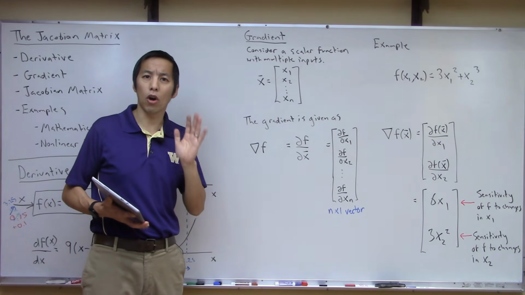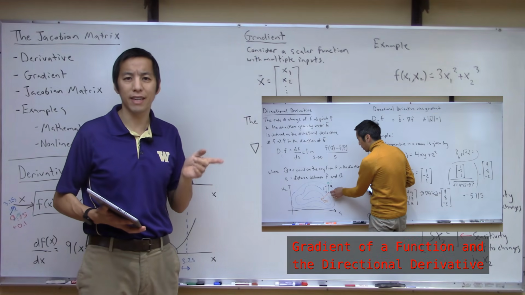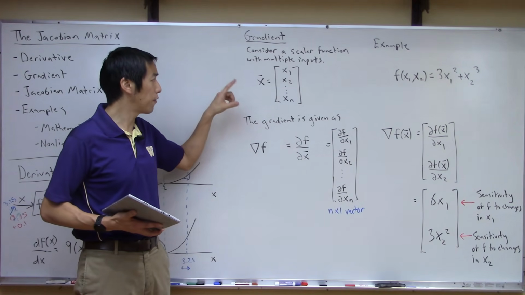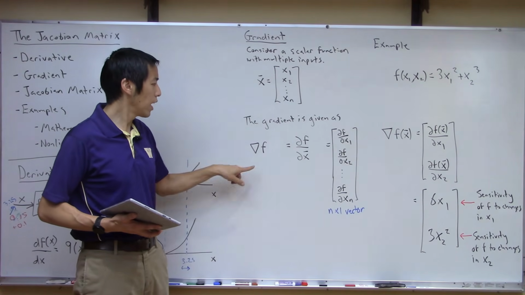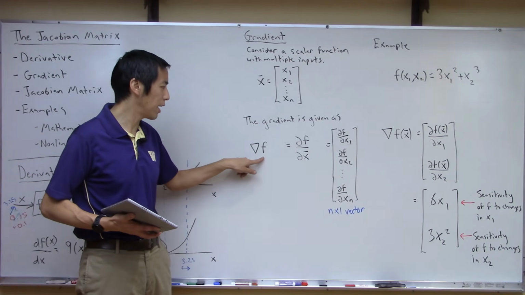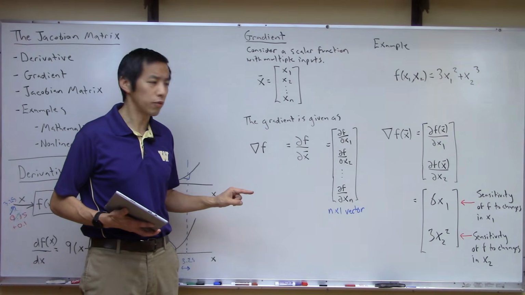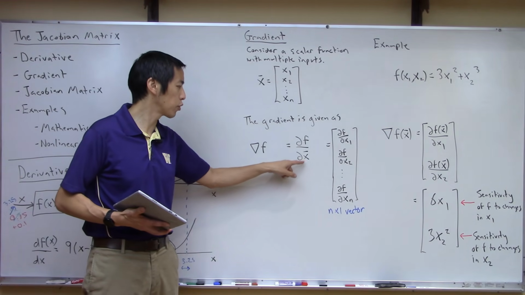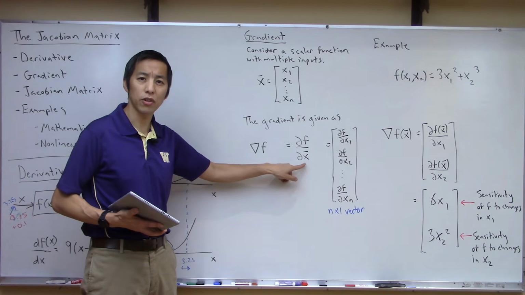Now, if you remember our previous video where we discussed the gradient, we know that the gradient of this given function f, which has these inputs, is written sometimes as del f or nabla f. The other alternative notation is the partial of this function f with respect to this vector x.